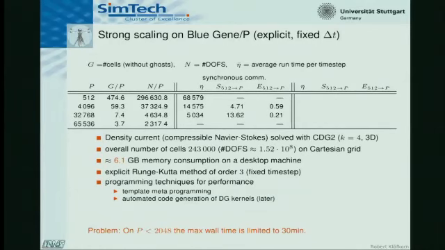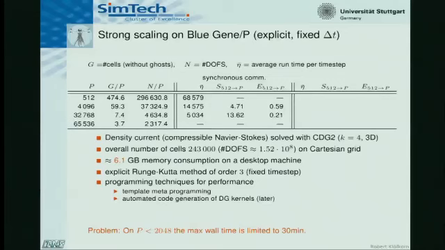The grid has 243,000 cells with a fifth order method, which means that in total I have something like 252 million unknowns.